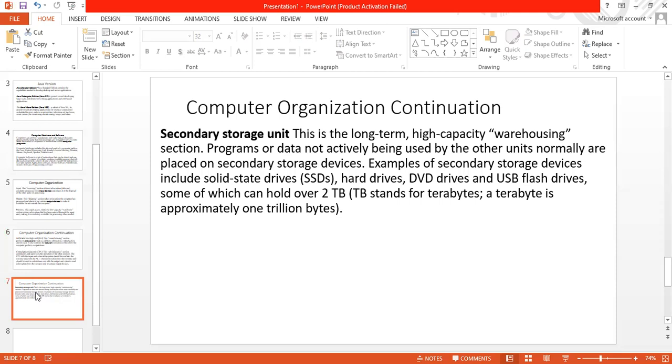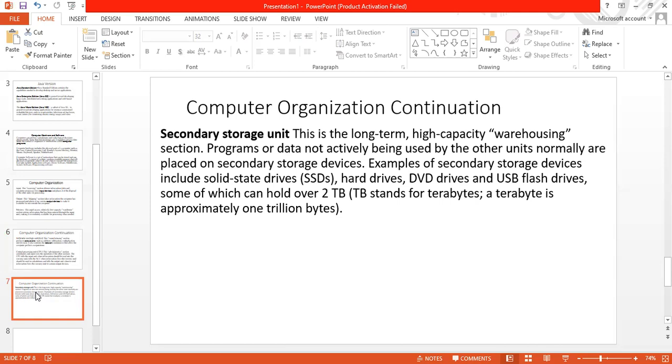Don't forget that the memory unit that we talked about first is temporal. Their capacity is limited. But the secondary is flexible. They can take as many as possible. They are a warehouse whereby we can store a whole lot of information. So I call this a long-term warehouse section.